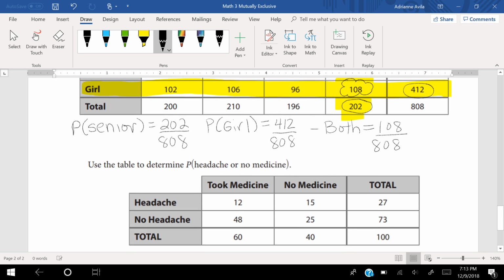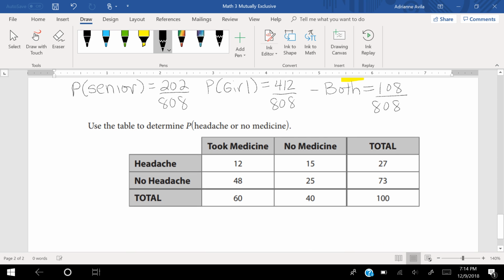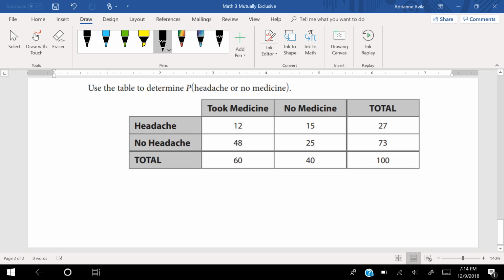So let's look at one more problem here. And again, this is the type of two-way diagram, and I want to know the probability that I have a headache and I took no medicine. So again, if I want to know the total number of headaches, there are 27 people who have headaches out of the 100.